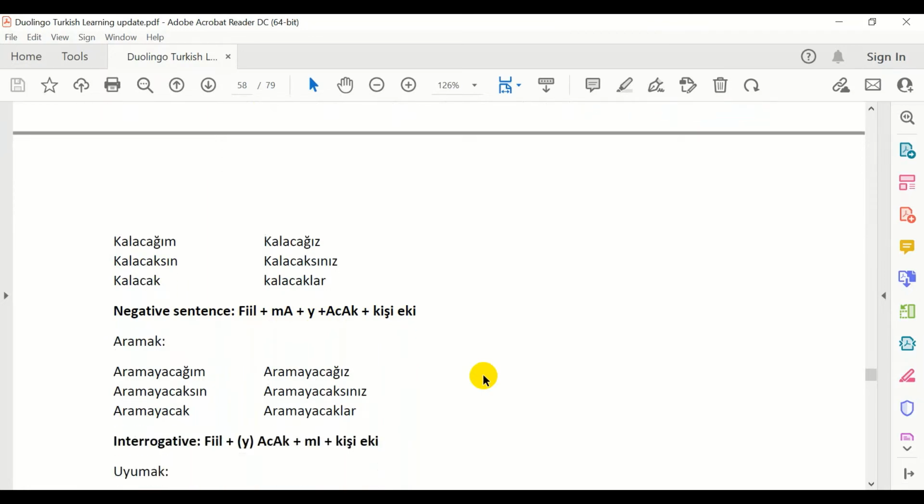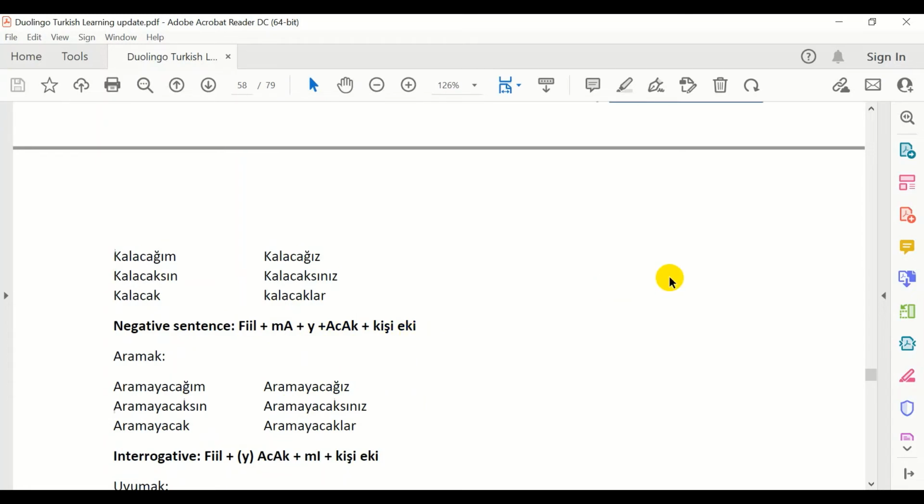And also, I hope that you have noticed the general pattern of negative sentences. First you have the verb, and after the verb, in a negative sentence, you have the negative suffix ma or me, and after that you have the tense suffix, after that the personal suffix.